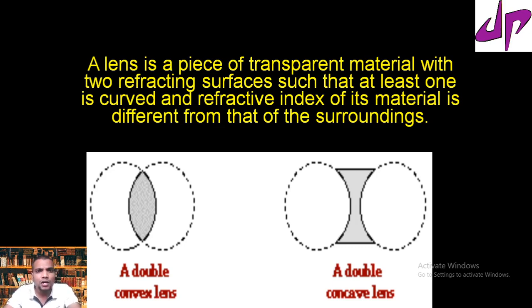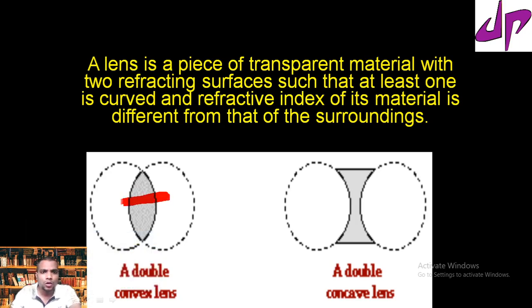These lenses are of two types. There are many different types, but we will exclusively talk about these two. One is known as a double convex lens, another one is a double concave lens. This lens we know as a double convex lens.